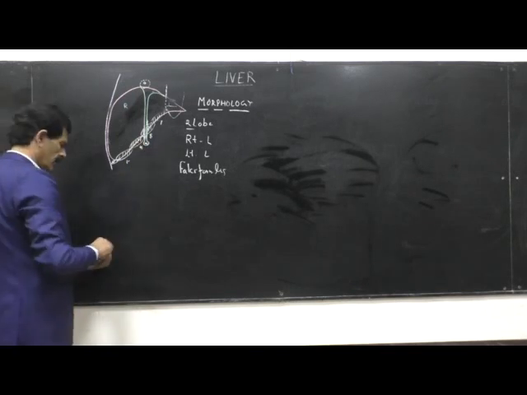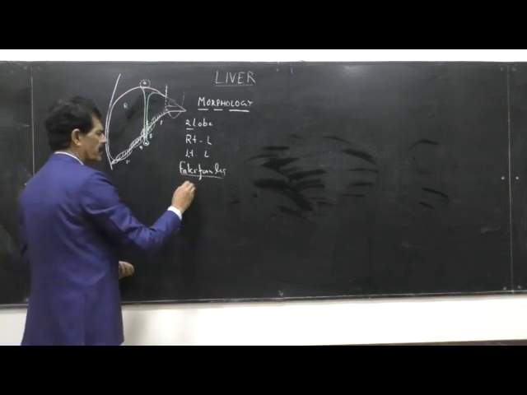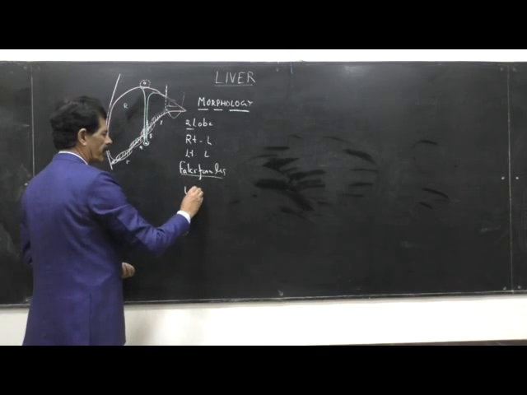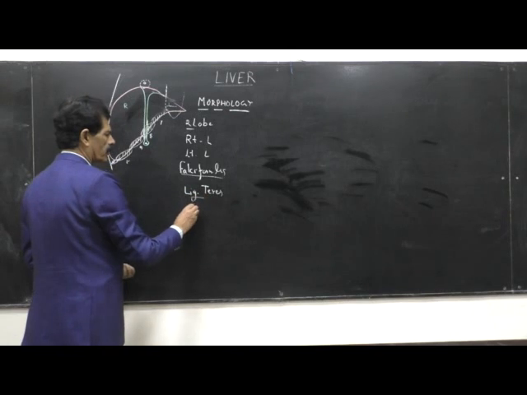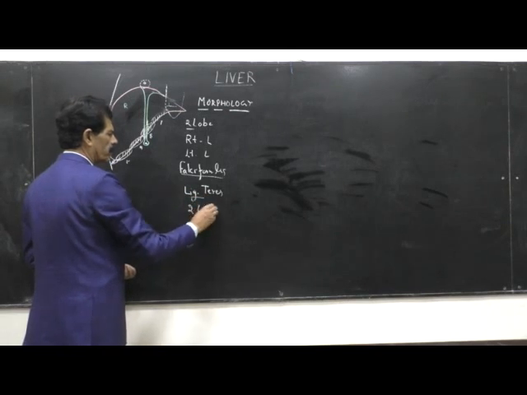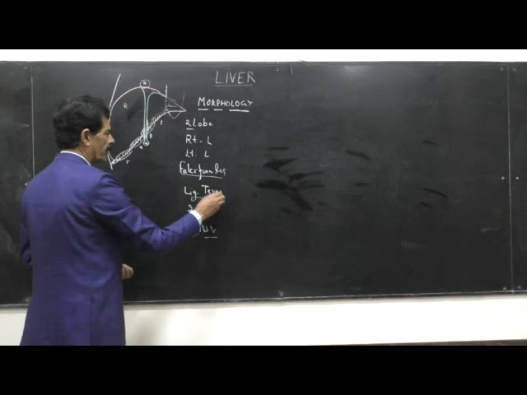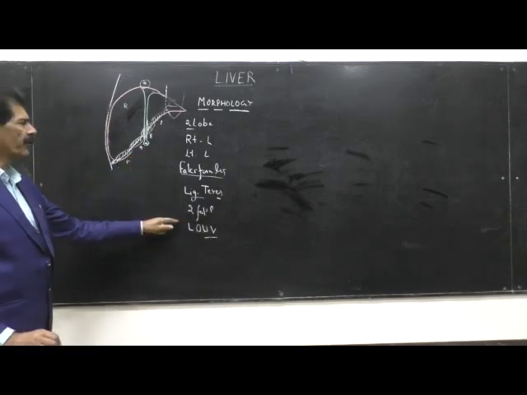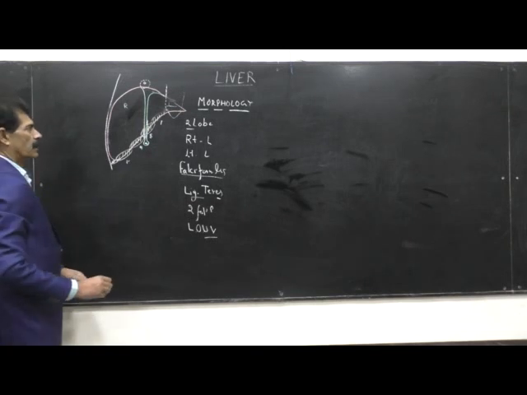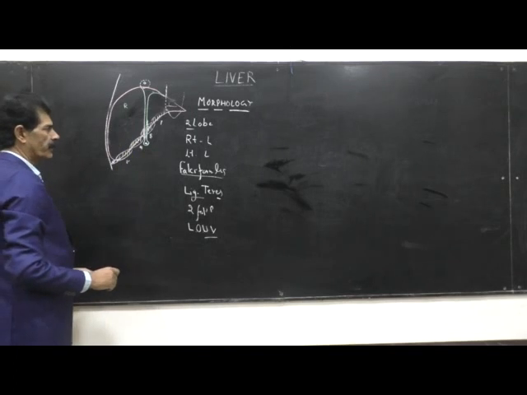This lower free border is called the ligamentum teres. So the two folds of the peritoneum with the obliterated left umbilical vein form the ligamentum teres, and it connects to the umbilicus. That is how the right and left lobes of the liver are divided.